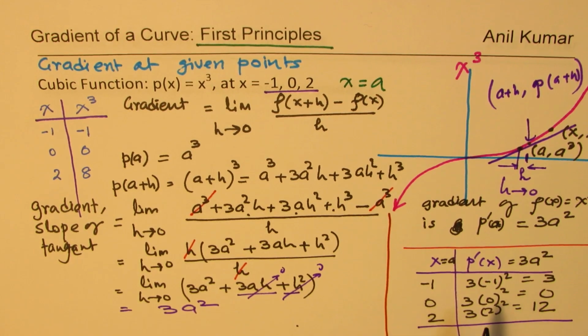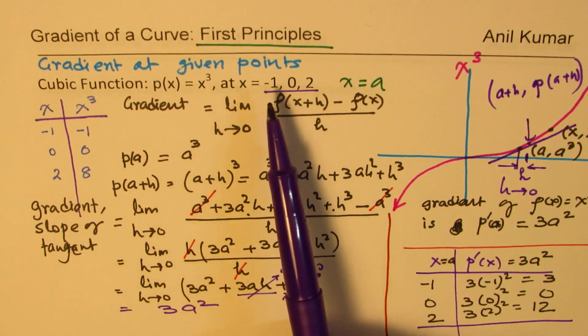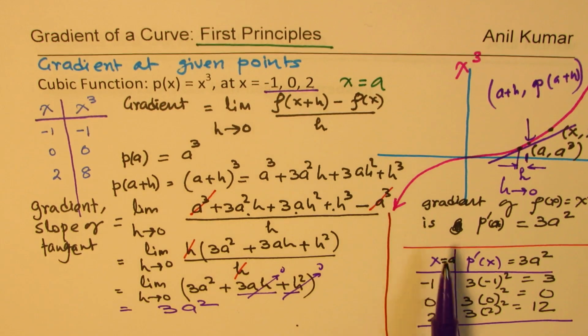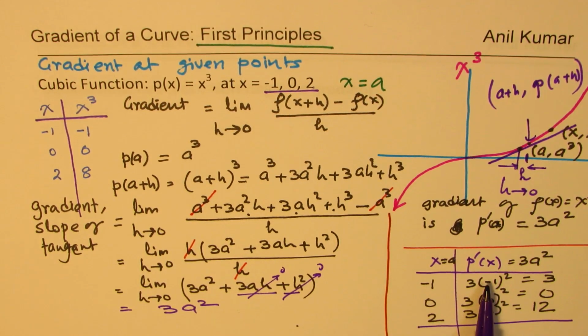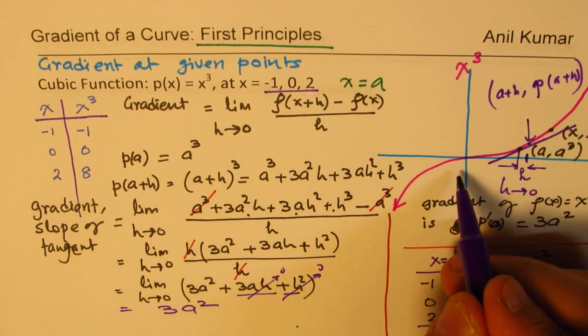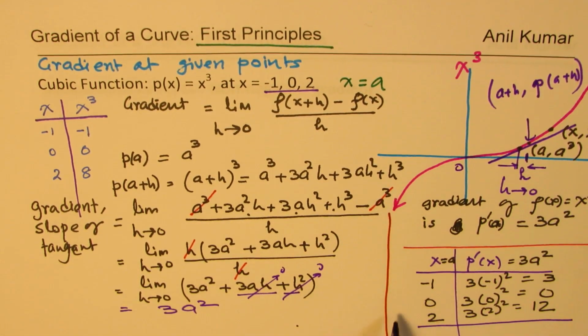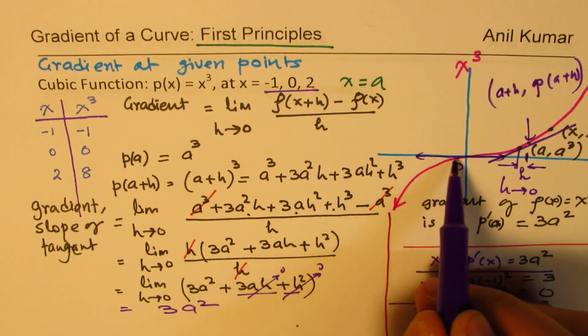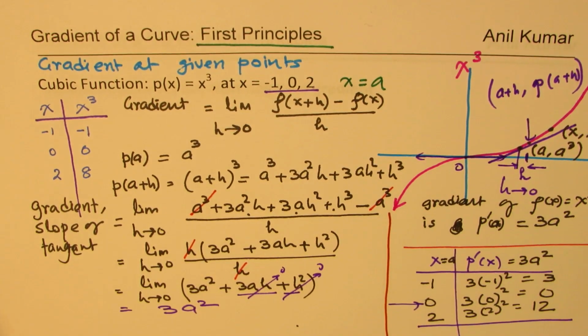So you appreciate the utility of solving the type of question I've taken, where you're finding gradient at 3 different points. It is good and useful to find a general expression and then substitute the values later. Perfect? So I hope that helps. Now, at 0, you do notice that the tangent is 0. That means the x-axis is actually tangent to our curve at the origin.